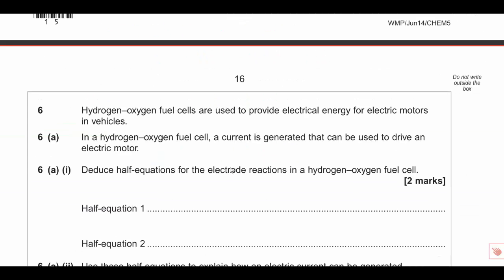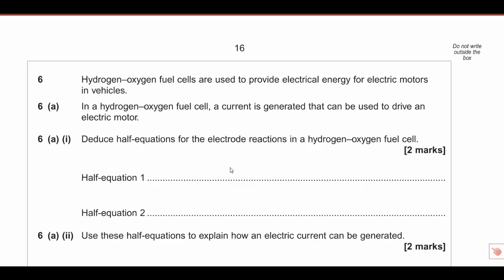Let's hit question 6. A bit more. It's the batteries, fuel cells this time, the hydrogen oxygen fuel cell. Hydrogen oxygen fuel cells, the half equations we are looking at. Apologies.